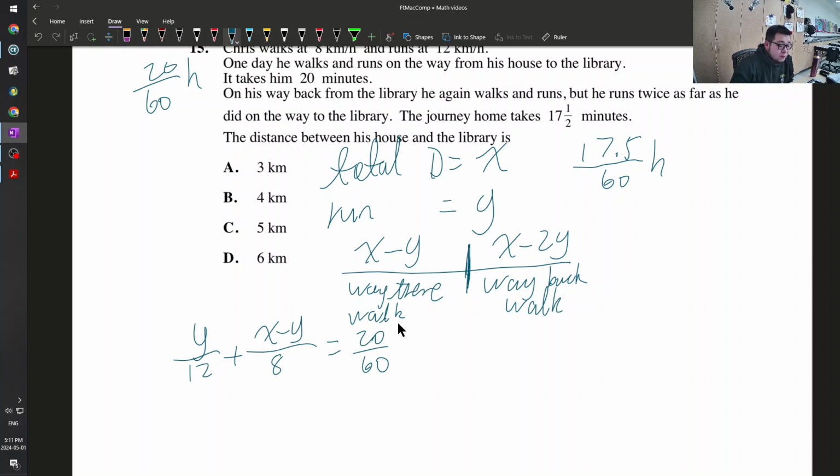Now, if I do it the other way, I have 2y over 12 plus x minus 2y over 8 is equal to 17.5 over 60. So this is the time run plus time walked is equal to the total time.